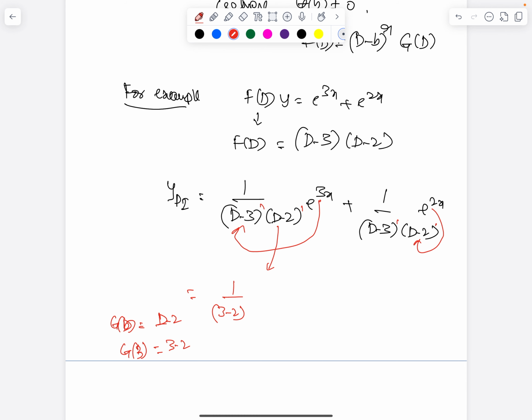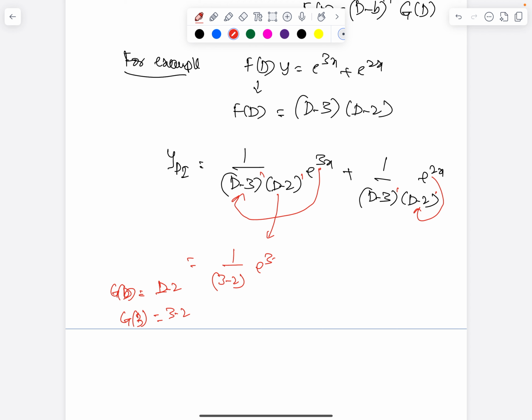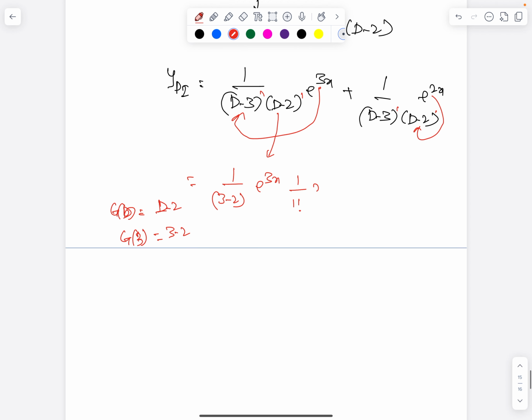Directly I can substitute. But the issue is with the other term, that is e power 3x, and 1 by r factorial, where r is appearing only one time, and then x power r, that is x power 1. Similarly here, the issue is with the d minus 2 factor, therefore 2 minus 3 you can substitute directly, and e power 2x, because you are handling 2 only, appearing only one time, so 1 by factorial into x power 1.